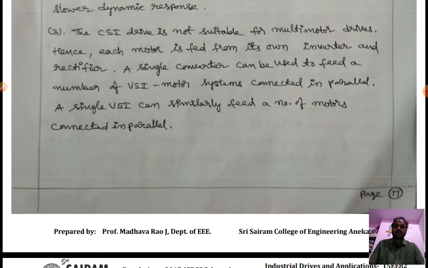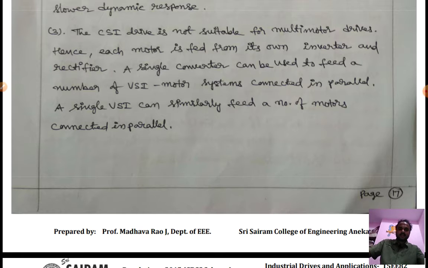A single converter cannot be used to feed a number of CSI motor systems connected in parallel, while a single VSI can feed a number of motors connected in parallel. So we can summarize that CSI is not suitable for multi-motor drives, and VSI you can use for parallel drives, that is, multi-motor drives.